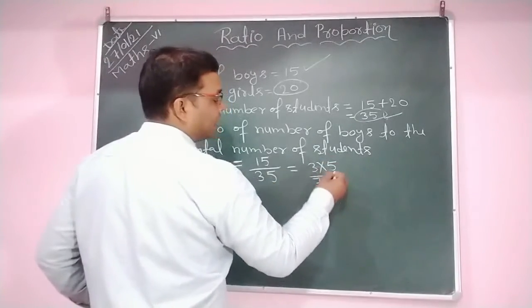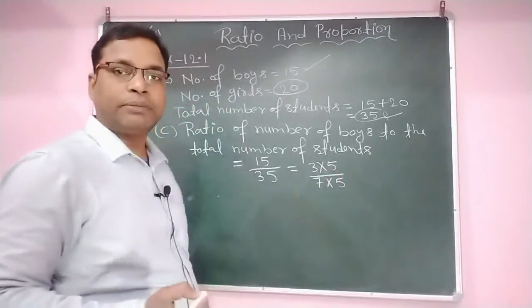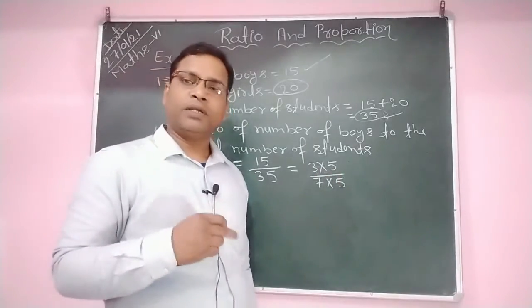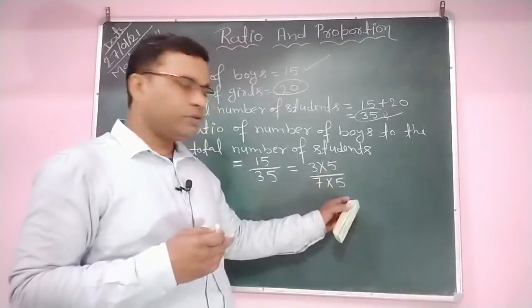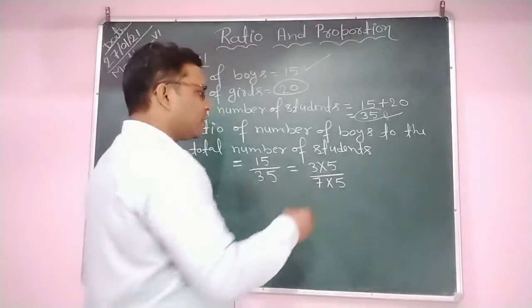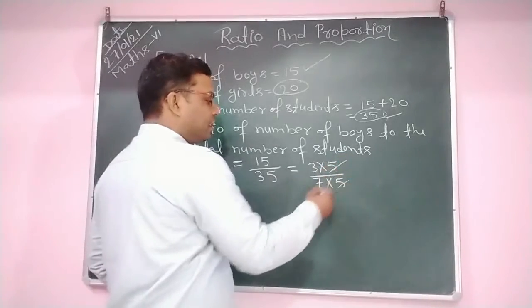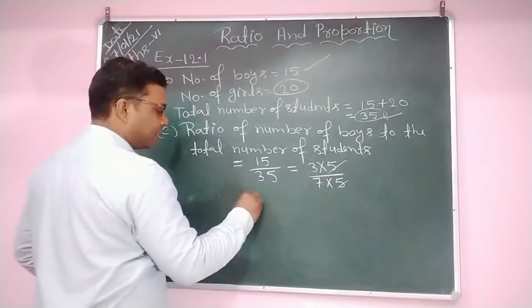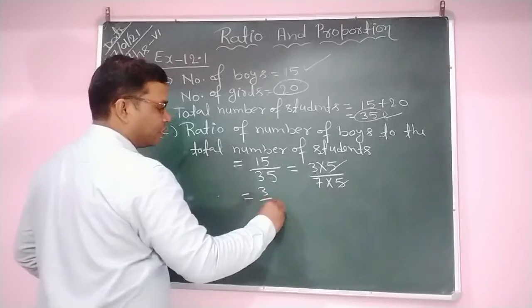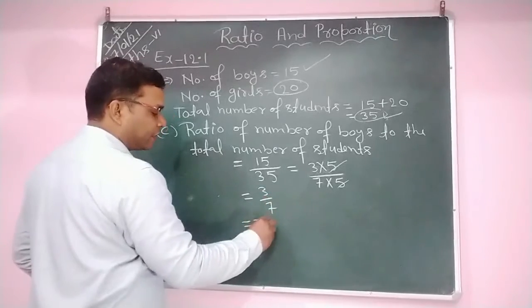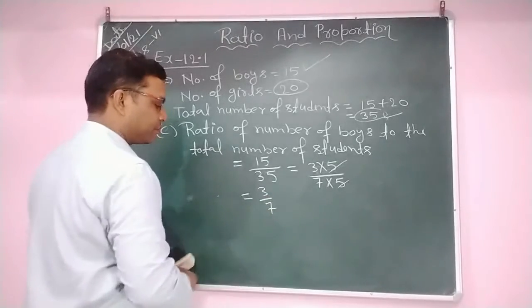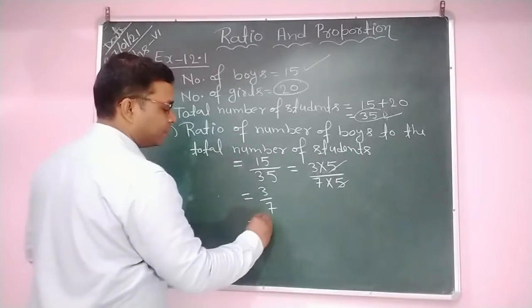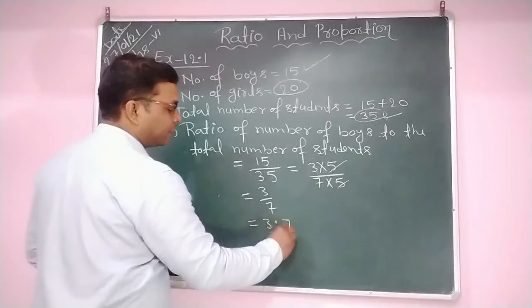Now you can see here 5 is a common factor between them, so it will be cancelled. 5 is common in numerator and denominator, so it will be cancelled automatically, and we get 3 by 7. So you can write it 3 ratio 7.